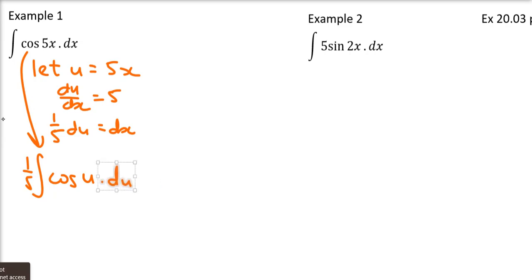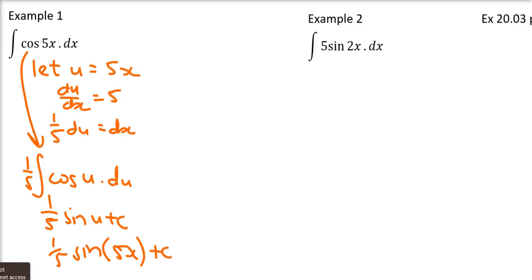I'll match up those dots, make it look pretty. So therefore, cos u, what's that going to integrate to? Sine u. So our answer is going to be 1/5 sine u plus c, which is 1/5 sine of 5x. Happy with that? Plus the c, yep. One the first time, one the last.